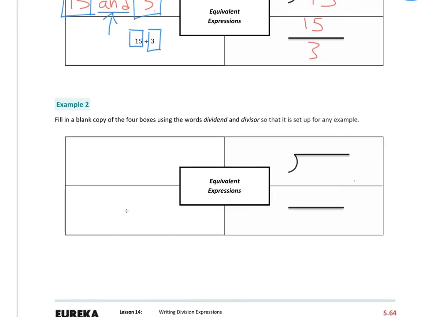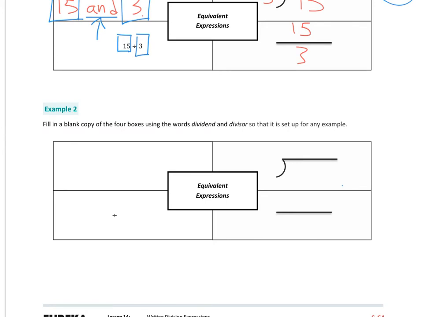Okay, next one. This one, we're going to use the words dividend and divisor in these places instead of numbers, which is always good to know. We'll start just like we did before. This is the dividend divided by the divisor.